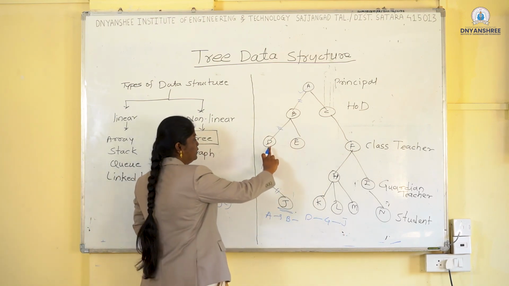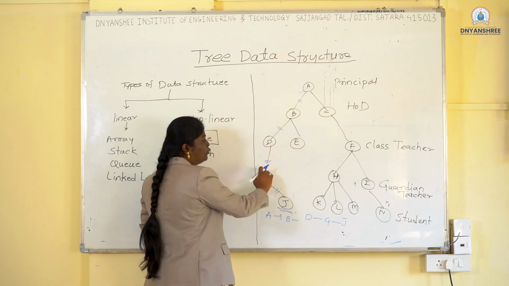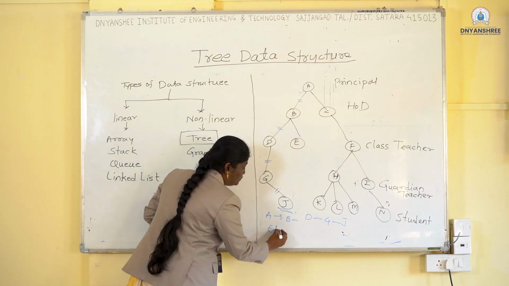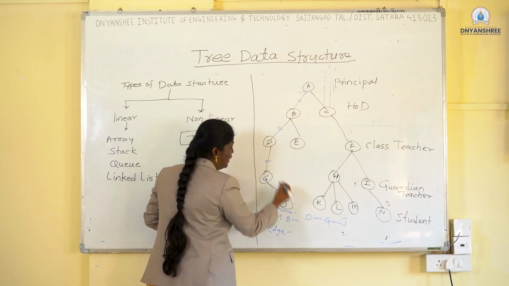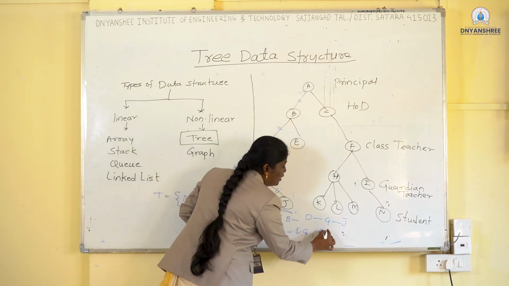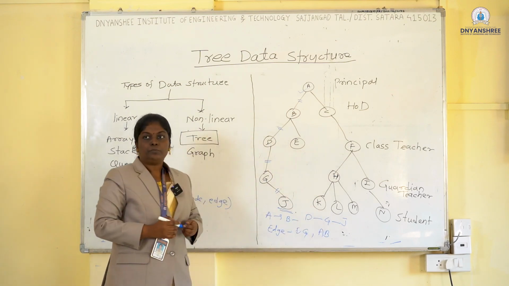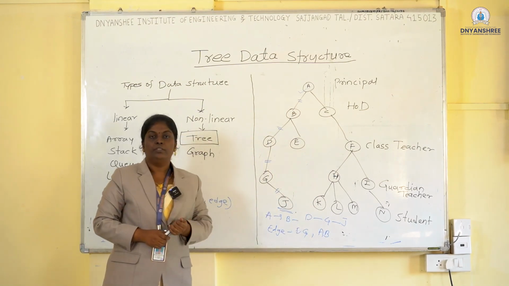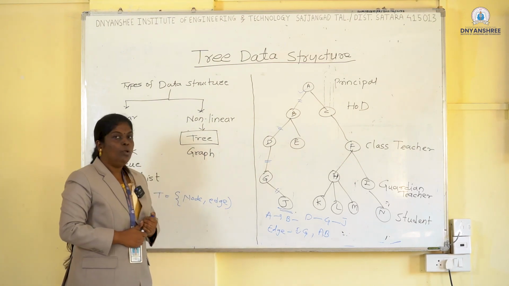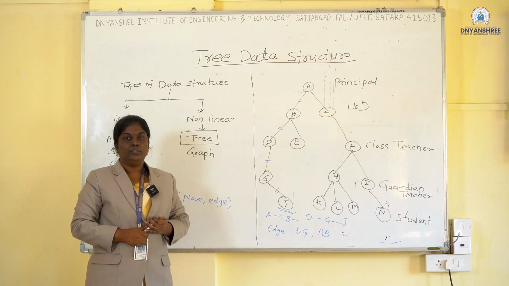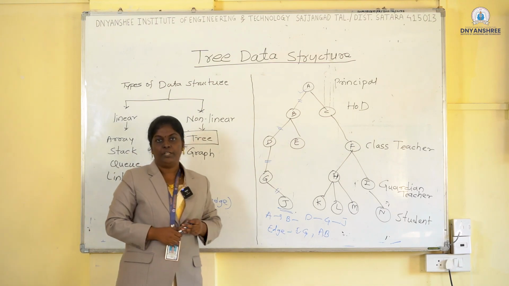Any edge which is connecting two nodes is nothing but an edge. So here is the example: DG is one of the edges, AB is another edge. Fine. So we'll try to understand this concept using one real-time scenario. What if a student from one class has to tell something to the principal of that institute?